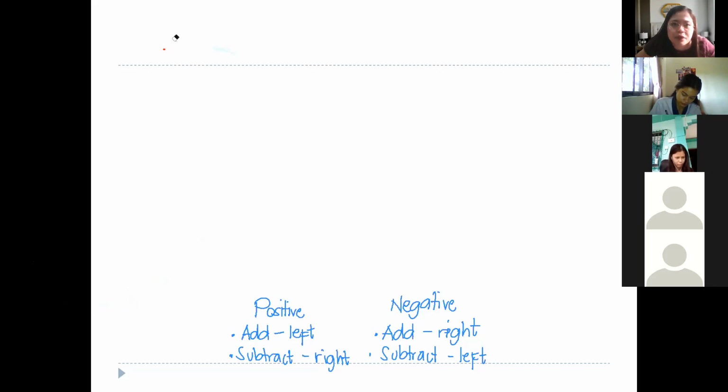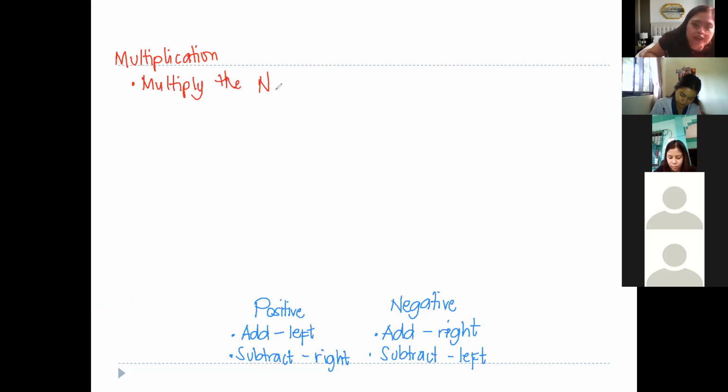So what is our rule now for the division and multiplication? We'll start with the multiplication. Sa multiplication, what are we going to do? Multiply the ends. So if we have 2 ends, i-multiply nato sila and add the exponent. Again, mag-multiply ta og n tapos mag-add ta sa exponent.